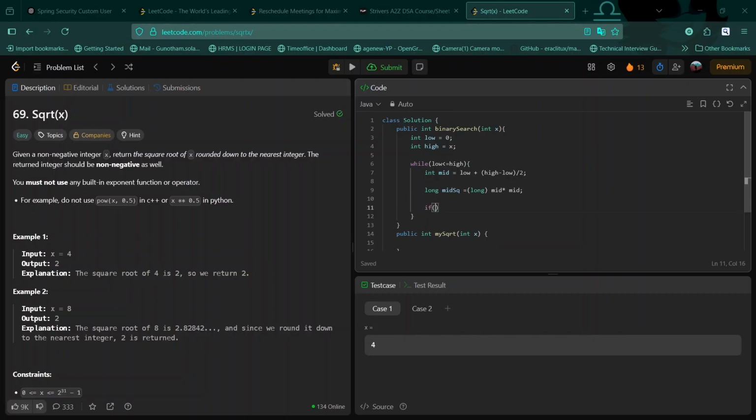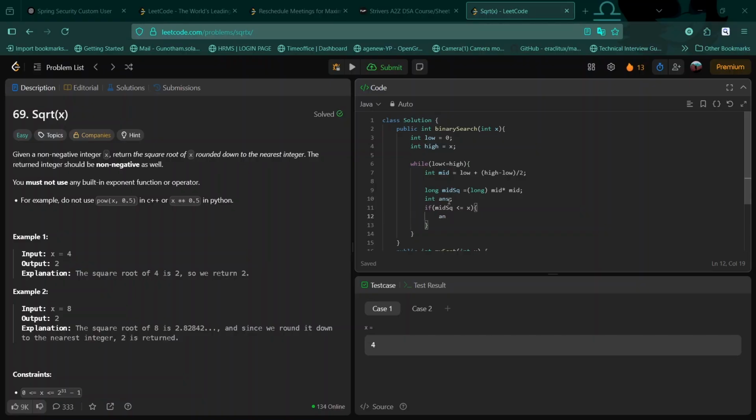I'll check whether it's less than or equal to x. If it is, then I will update the value of the answer as well. I need to take a variable answer, equals 0.